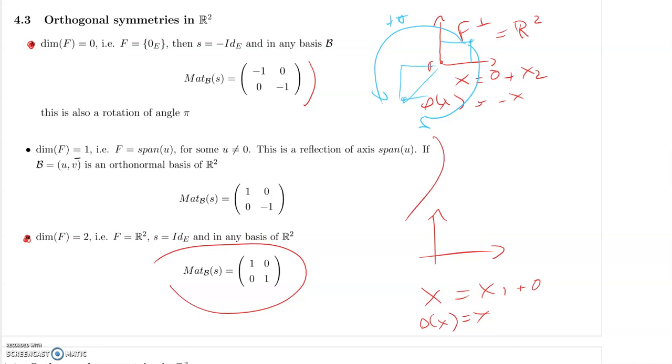So let's assume we have one direction, F. Okay, it goes through 0, otherwise it wouldn't be a linear space. It has its orthogonal. So the 0 is here, and that's going to be F orthogonal. And I can absolutely give you an orthonormal basis of R2 by choosing one unit vector along F and one unit vector along F orthogonal.